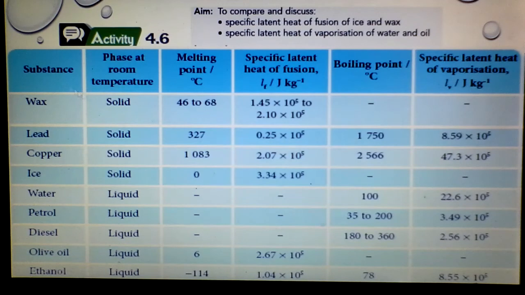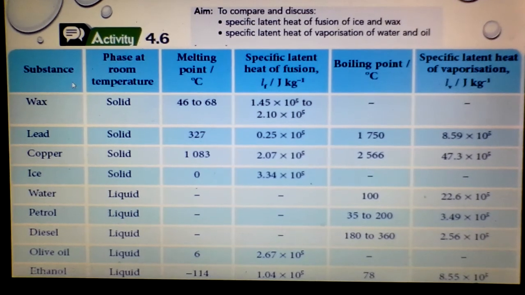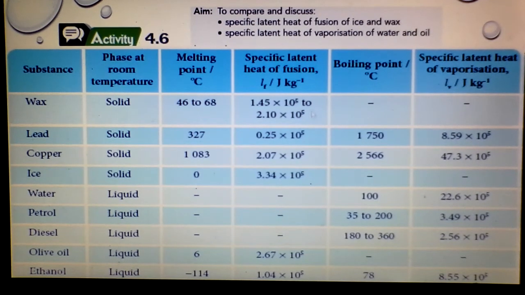Okay, now let's look at activity 4.6. You can refer to your textbook. The aim of this activity is to compare and discuss the specific latent heat of fusion of ice and wax, and the specific latent heat of vaporization of water and oil. The oil here, we discuss petrol. You can refer to the values given here to answer the questions.